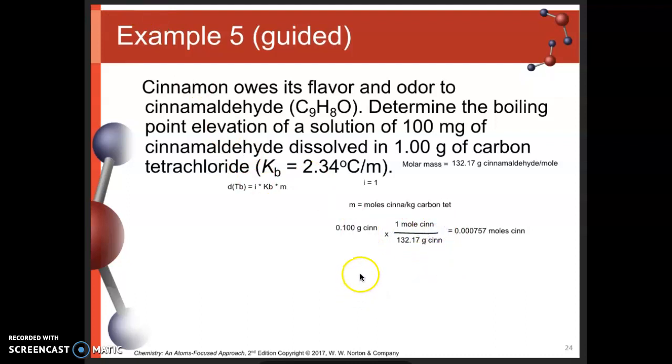Now, to find molality, I'm going to need to take those moles, 0.000757, and divide it by the mass, the kilograms of carbon tetrachloride, which would be 0.00100 kilograms of carbon tet. Again, 1 gram divided by 1,000 would give me 0.001.